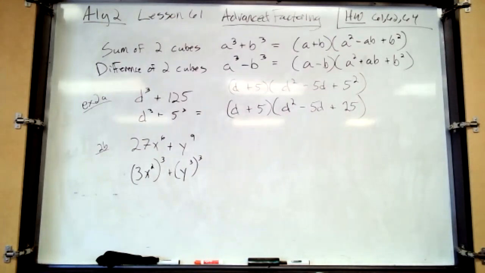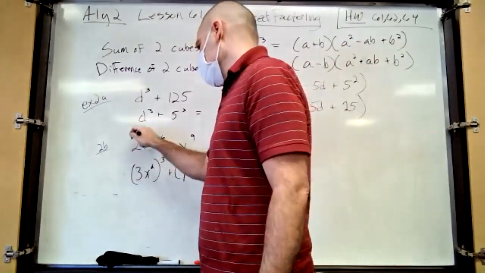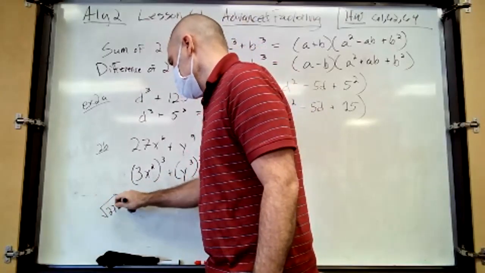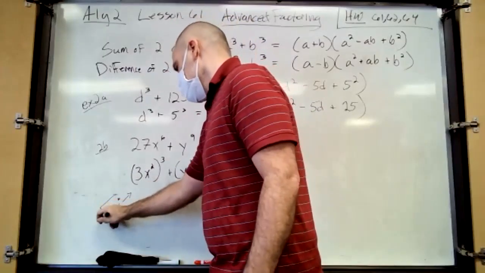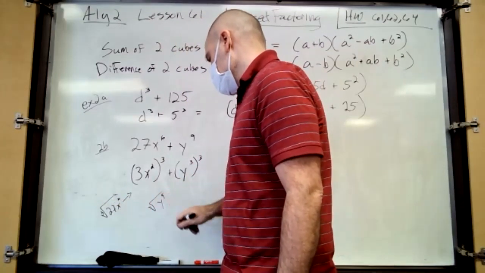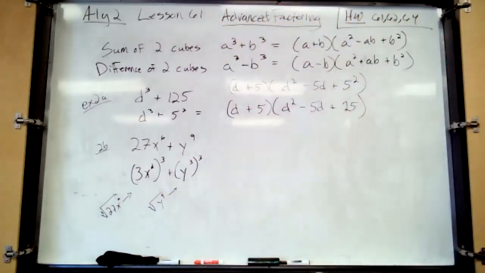So finding a and b is just cube rooting this. I mean, all I did here was just take the cube root of 27x to the 6, and the cube root of y to the 9th. And that's your A and B.